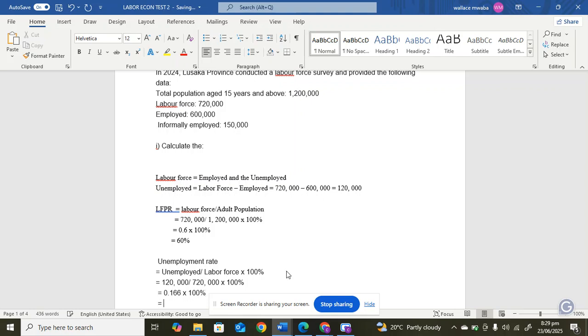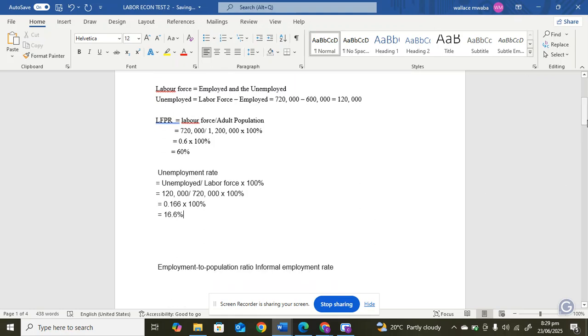So 16.6%. Okay. This is a high unemployment rate. Usually in nations, you want the unemployment rate at least below 10%, then you're doing well. But if you're like here at 16.6%, this is not a good thing. Any questions?